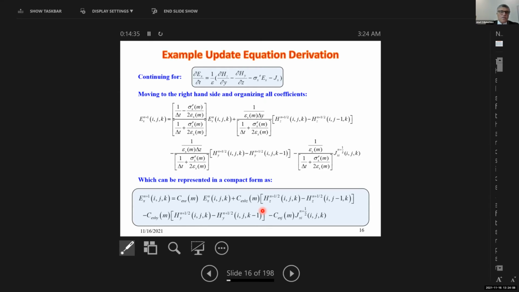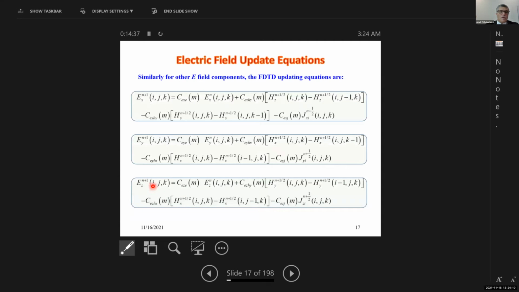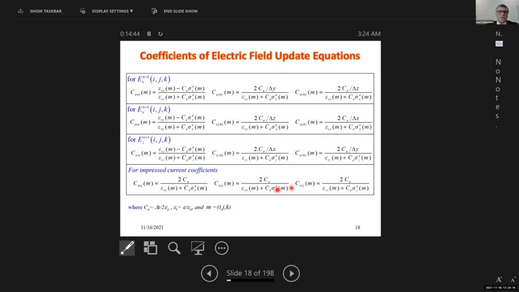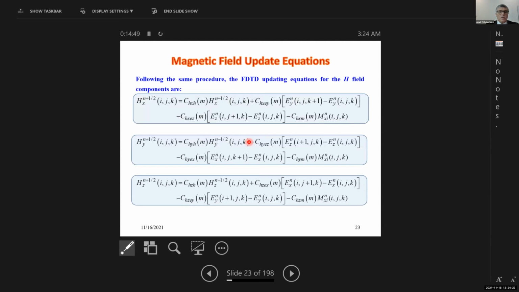We do the same thing for Ey and Ez, and we also generate coefficients, and all the coefficients that are related to the electric field components are listed here. Whatever we did for the electric field, we do for the magnetic field, and these are the corresponding coefficients.